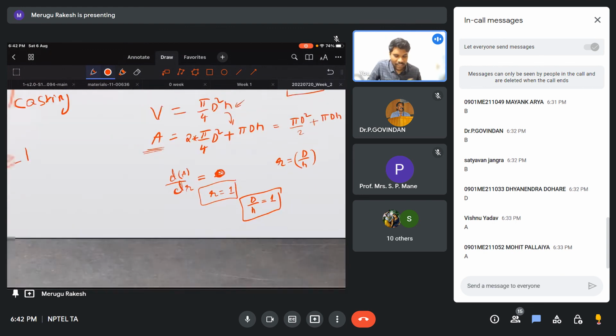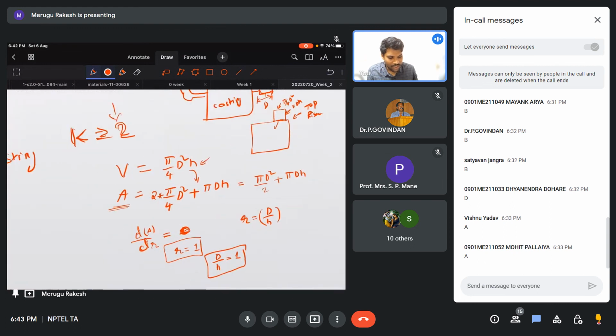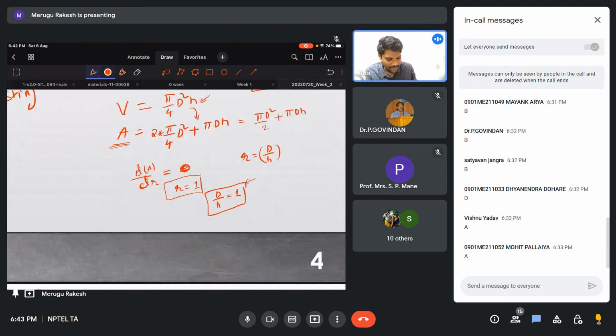I'm a little concerned about whether this was done for side riser or top riser, but let us say this is done for side riser. We have one more derivation, say for the top riser, in which we will get a different result. In this case, if you see, height is d by 2.